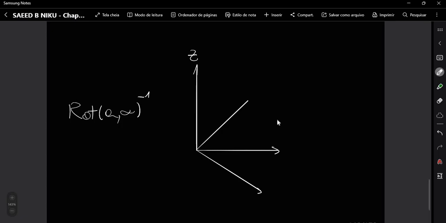So that is right. And for the orientation it is the same.